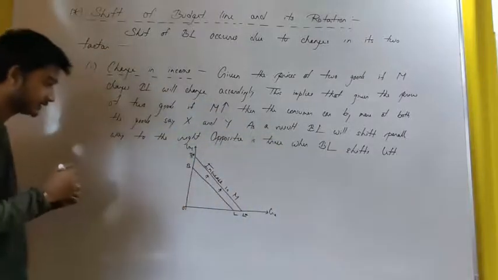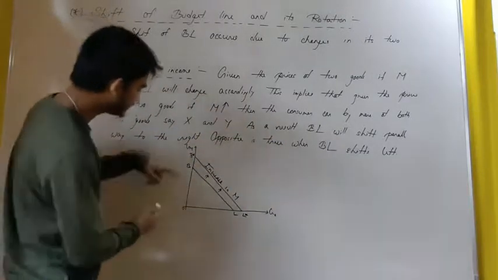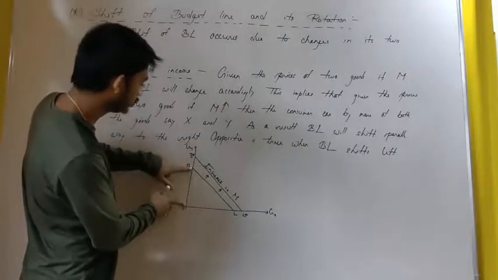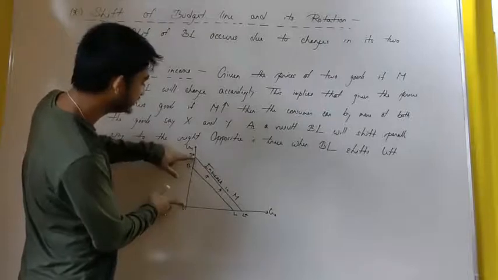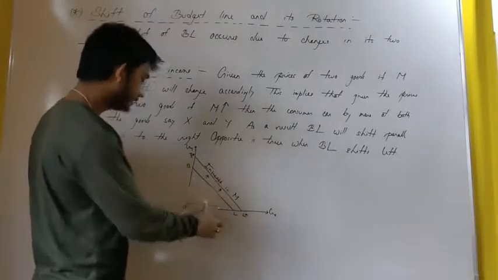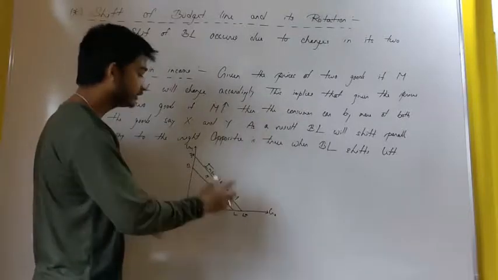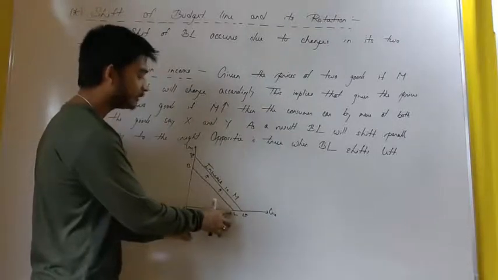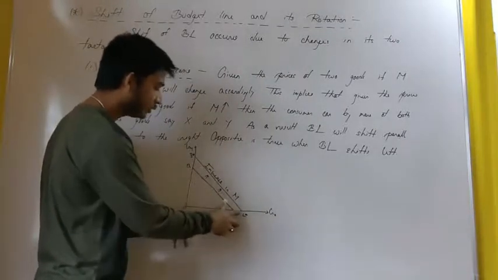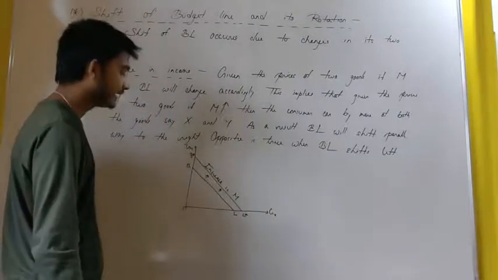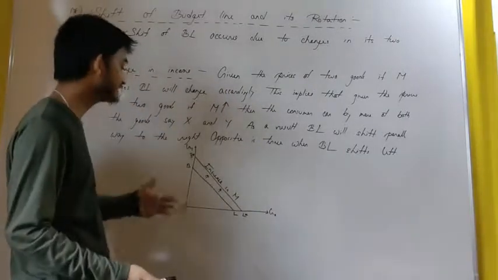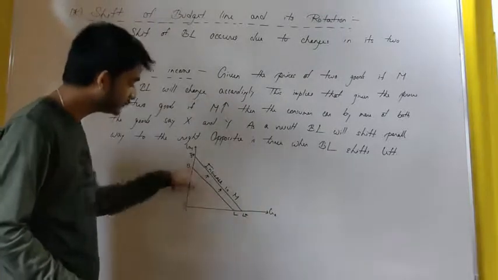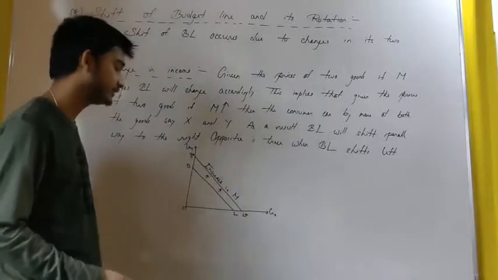Now you see, when income increased, previously the consumer was buying OB amount of good Y. Now he is buying OB star amount of good Y. Similarly, before the income increased, the consumer was buying OL amount of good X. Now he is buying OL star amount of good X. So in both the cases, given the prices of two goods, he can buy more of both the goods due to his increase in income.